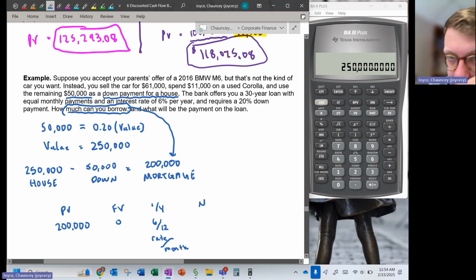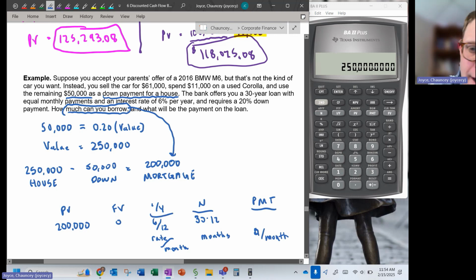And time is going to be 30 years times 12 months in a year, for 360 months. And then we're going to solve for a payment amount, which will come out as dollars per month. So those three things of timing, risk, and magnitude are now all consistently measured on a monthly basis.